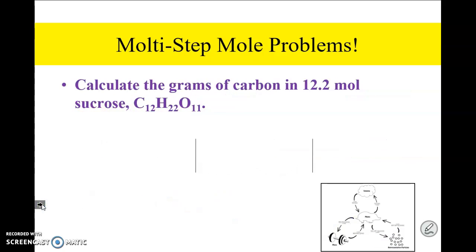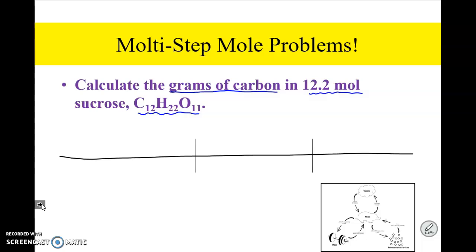Calculate the grams of carbon in 12.2 moles of sucrose, which is a sugar. 12.2 moles of C12H22O11. Notice it's not glucose, it's sucrose, so the ratio is different.